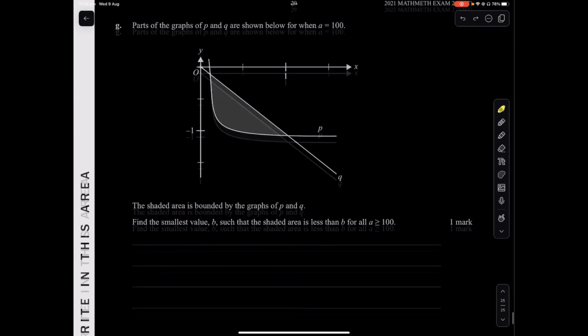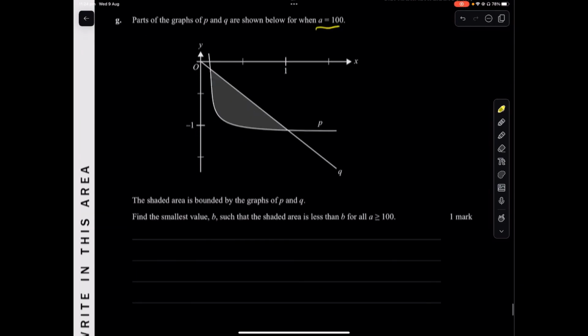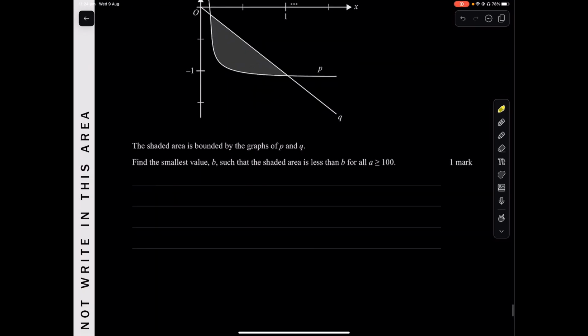That's the last question. Part of the graphs of Pn shown where A is 100. Show the area bounded by the graph of P and Q. So find the smallest value B such that the shaded area is less than B for A greater than or equal to 100.